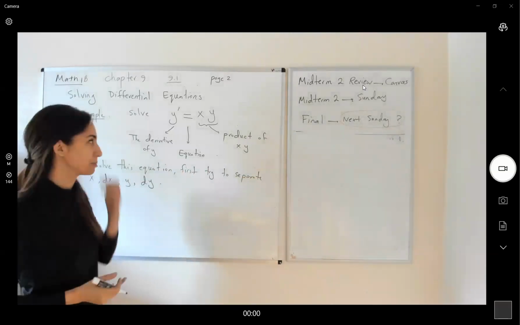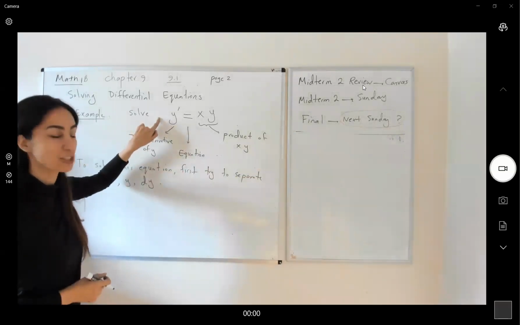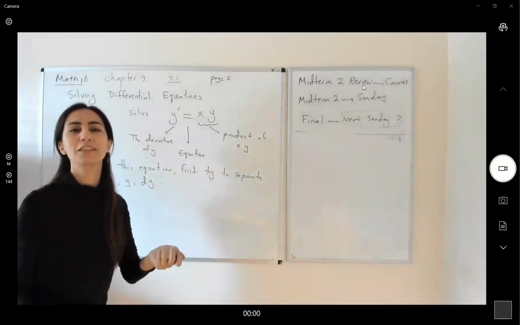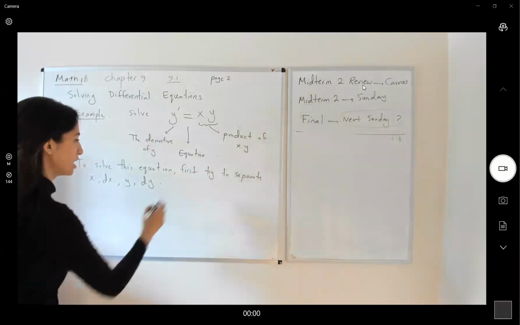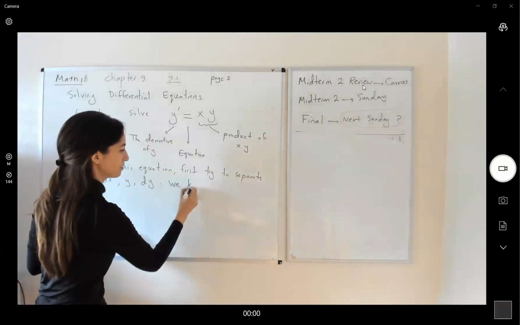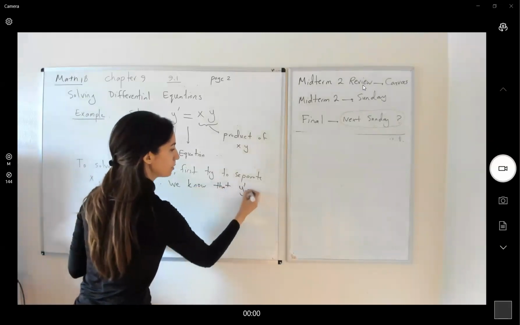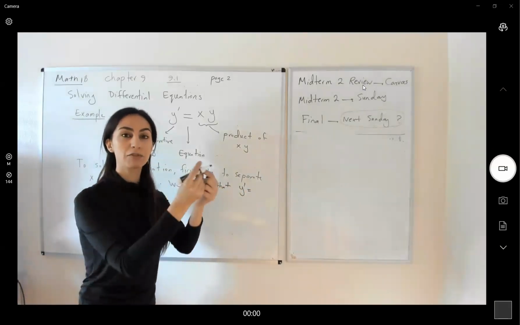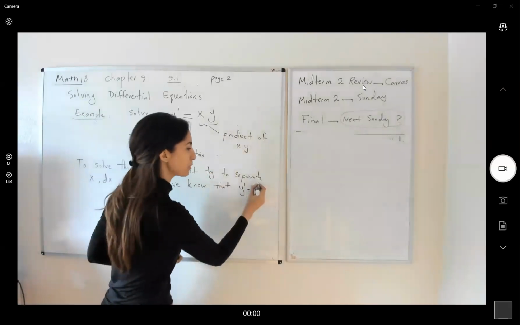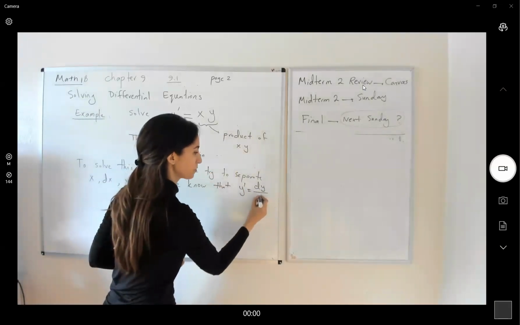What do I mean by that? Take a look at the left-hand side. You have y prime. What was the definition of y prime? y prime is defined as the rate of change of y with respect to x.